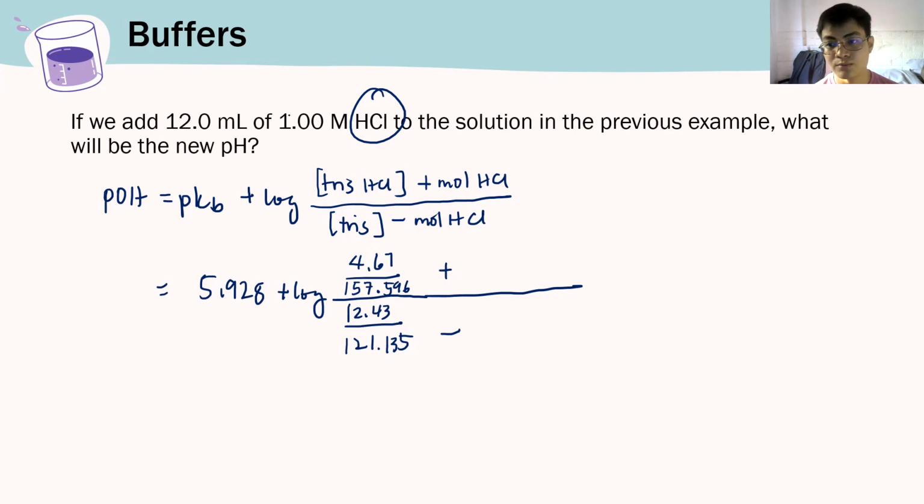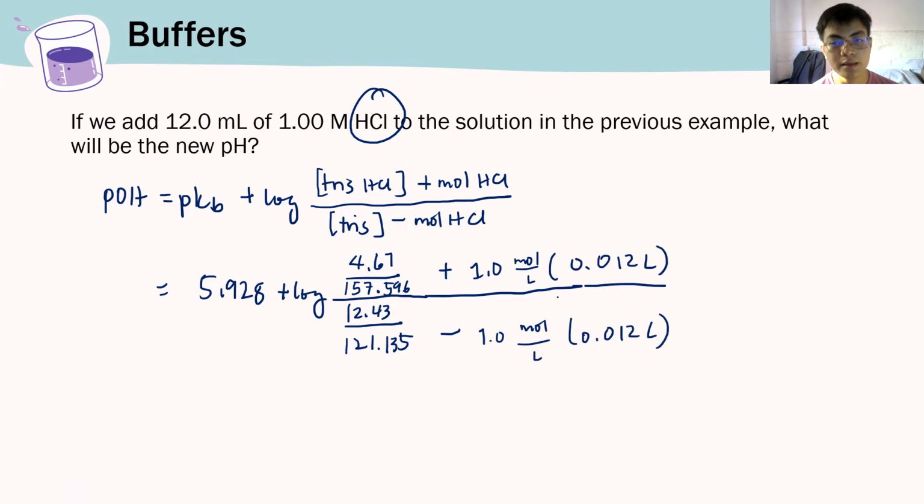So you can't subtract millimoles from moles. So how do you get the moles of the HCl? It's 0.1 mole per liter. And then the 12 ml can be written as 0.012 liter. Again, keep in mind, we should get moles.